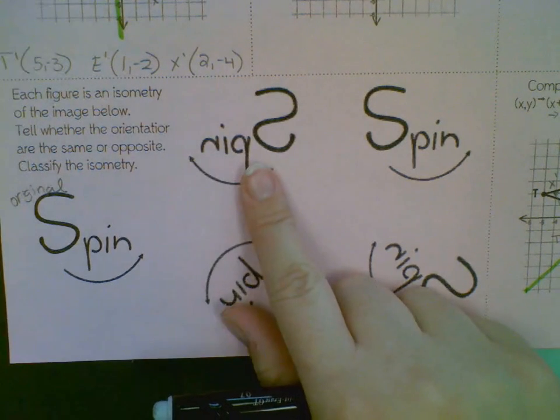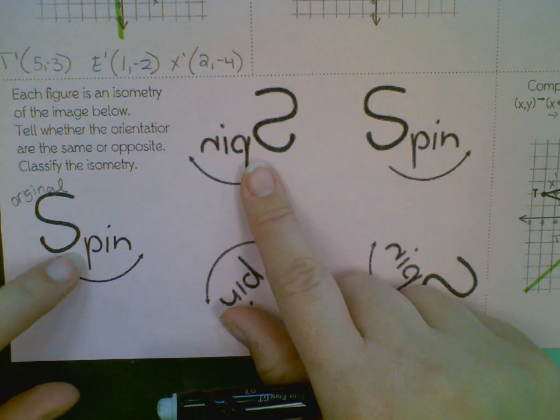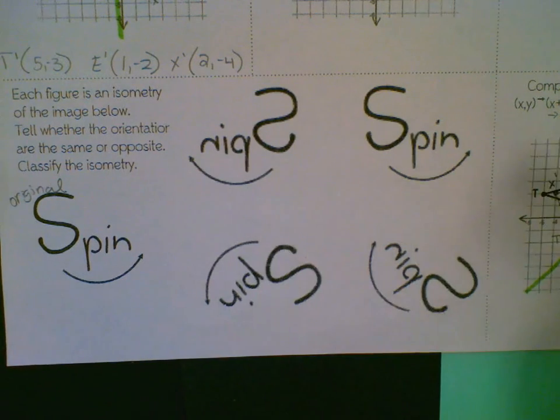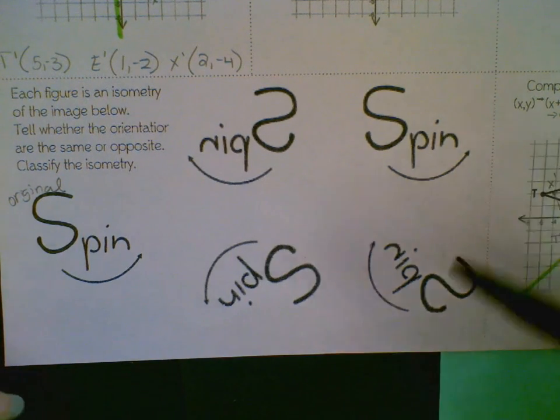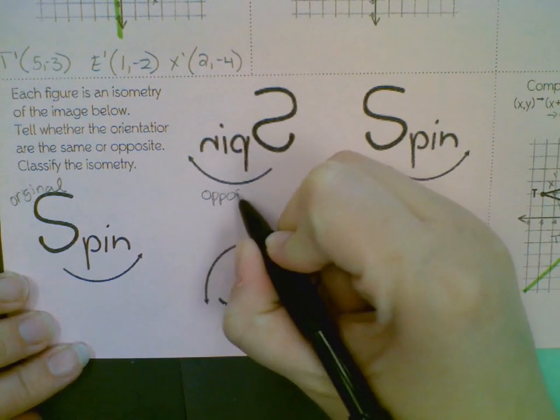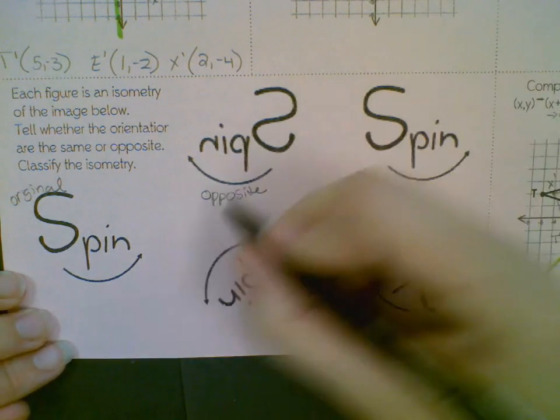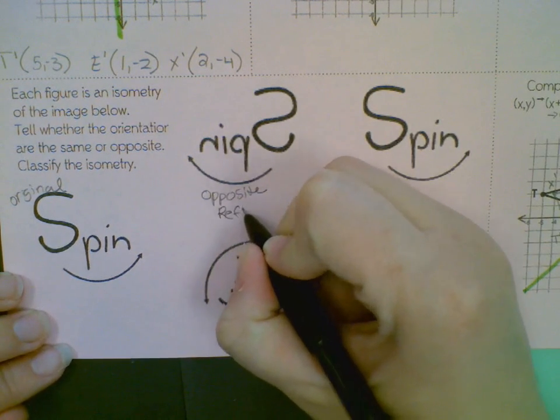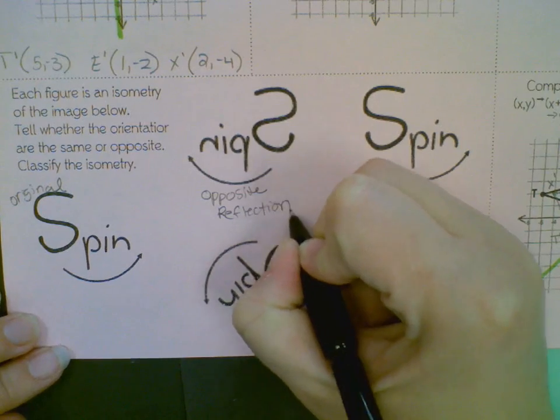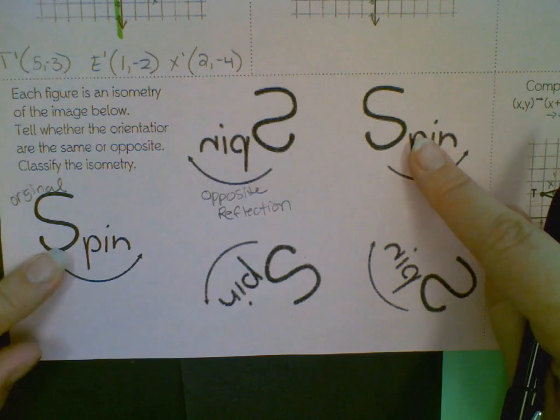So this first one. Is it turned the same way as this original, or is it flipped? Good, it's going to be opposite orientation since it's not facing the same way. And the only way we could get that is by doing a reflection. So this next one over here, is that the same orientation as this?